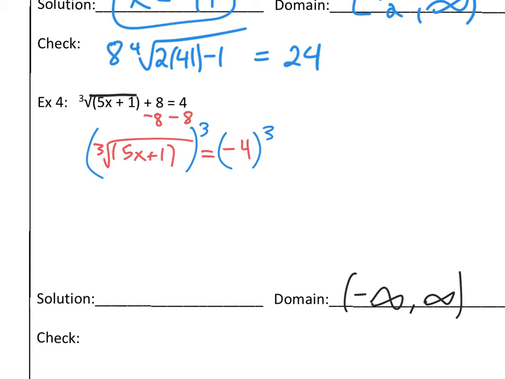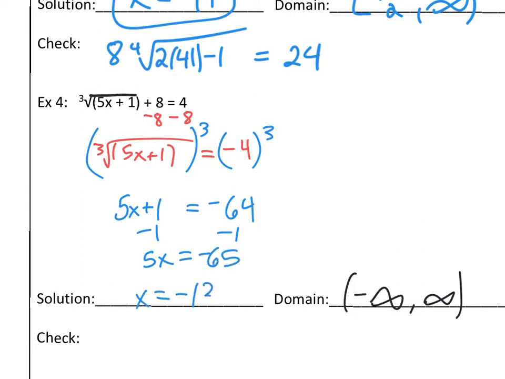On the left side, I end up with 5x plus 1 equals negative 64. Good. Subtract the 1. 5x is negative 65. And what's x going to be? Negative 13.